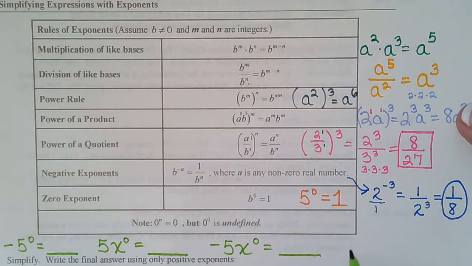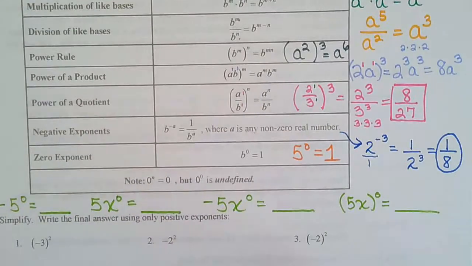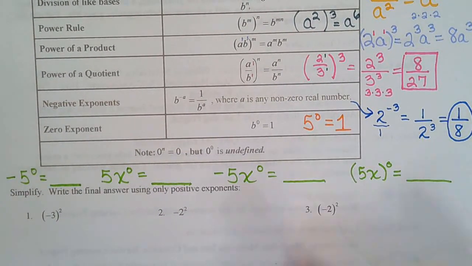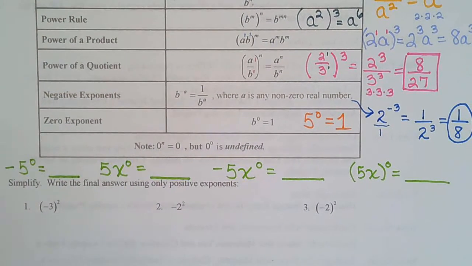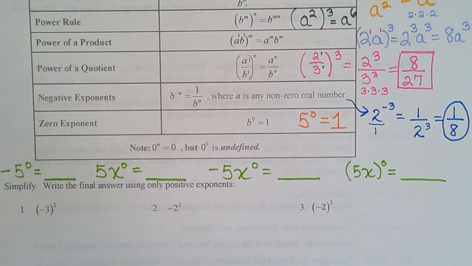And let's do 5x to the 0th, in parentheses. I think I might have all the different scenarios there. So even though that seems like a simple little rule, it can get very complicated. And I did put it on the test, and a lot of students miss it. So that's why I've made up all these different scenarios here.